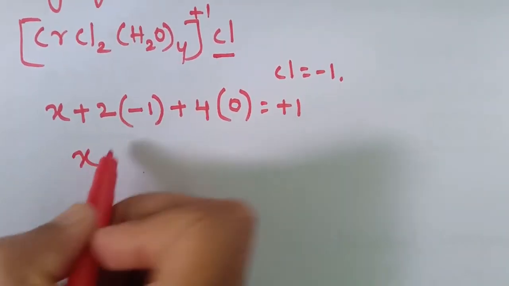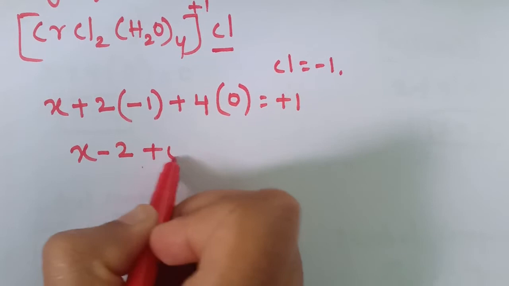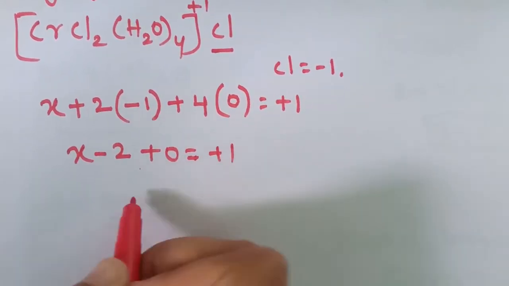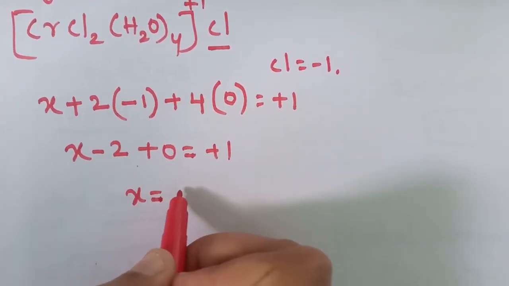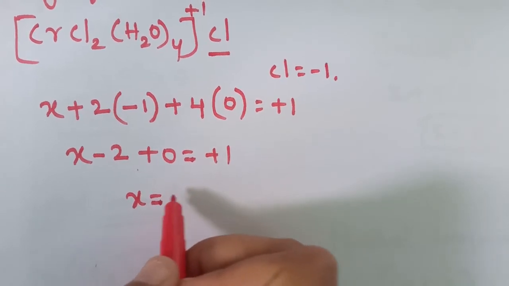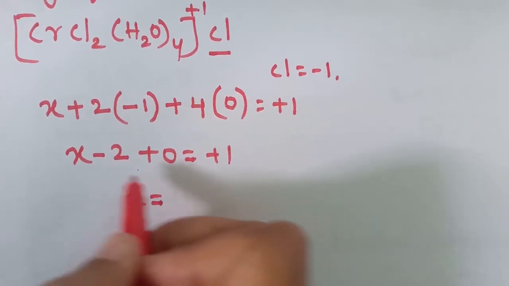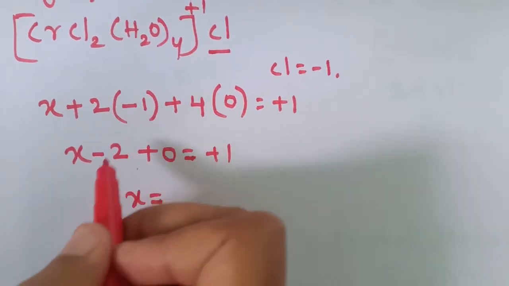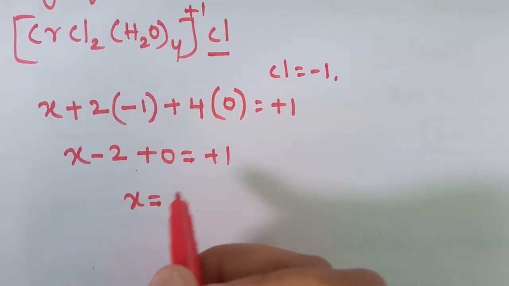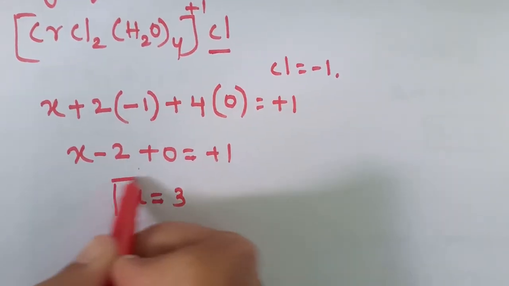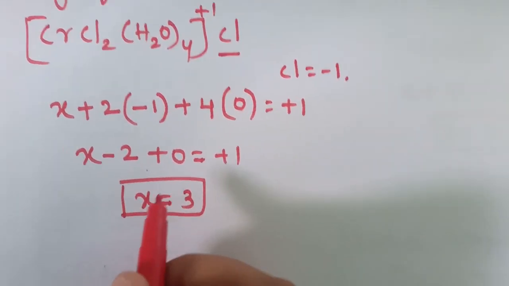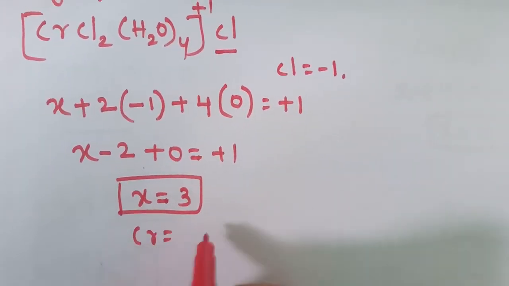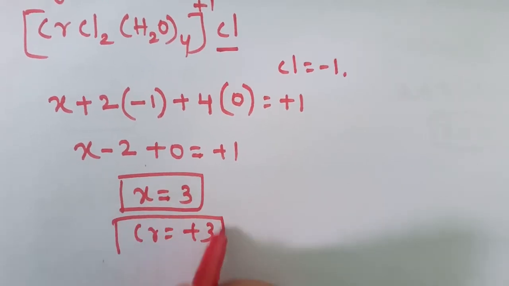Here we can calculate X minus 2 plus 0 equals plus 1. It becomes X equals 3. So the oxidation number of Cr is plus 3 in this.